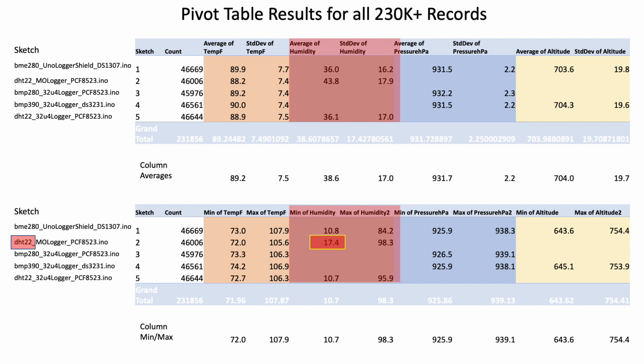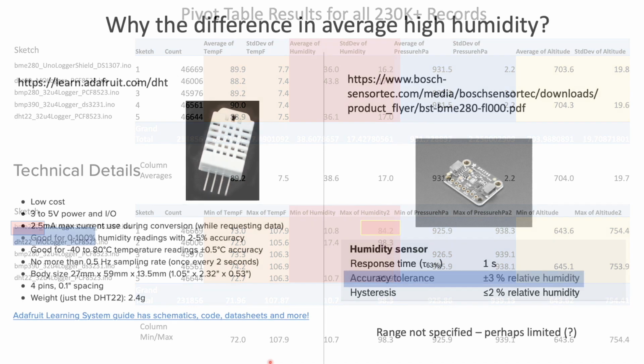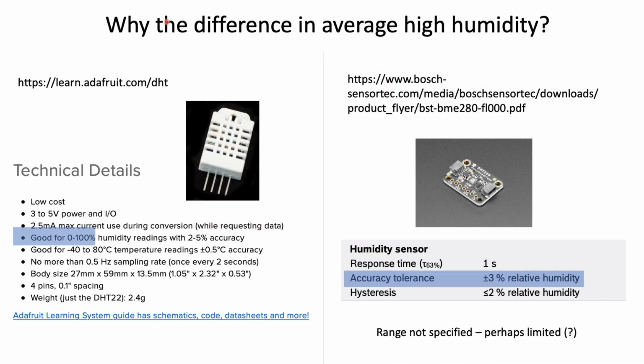So that's kind of interesting. And similarly, for all those records, you can see that the BME280 had a max of humidity of 84.2%, which is different from the max humidity that was recorded by the DHT22s, this one and that one right there.